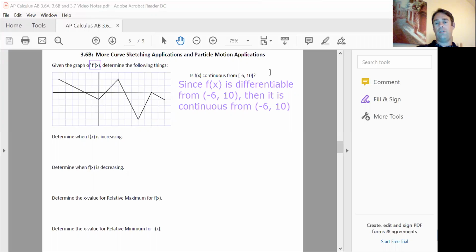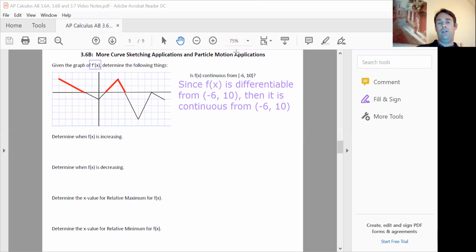All right, and now we kind of looked at these a little bit last class, and hopefully you guys found them a little bit enjoyable. Maybe you didn't. We'll find out here. Is it increasing? So remember, increasing is when the derivative is positive. So every place I see positive values, I'm going to go ahead and color it red.